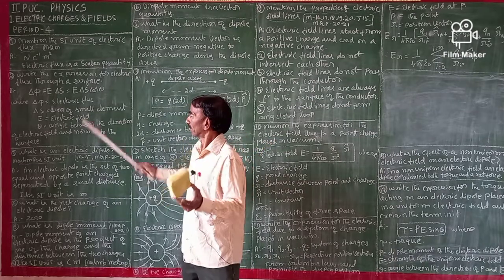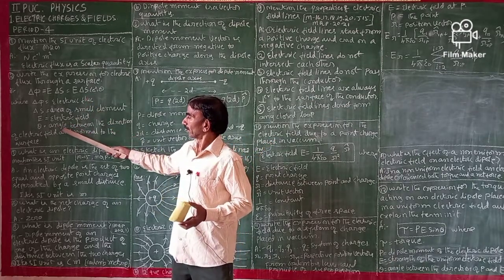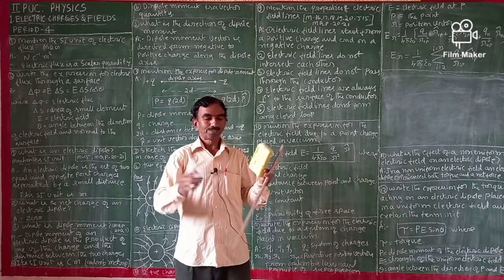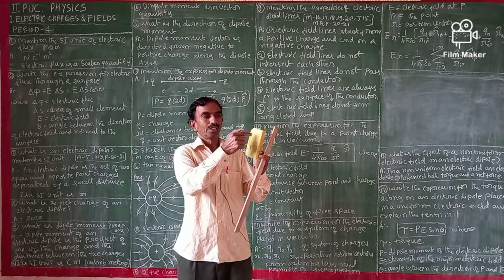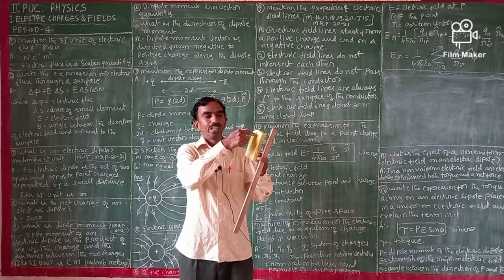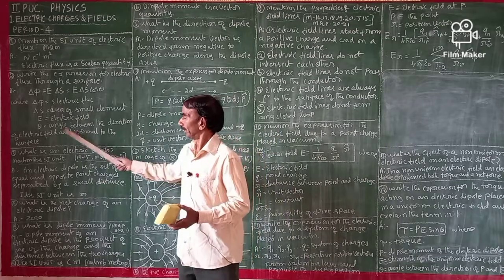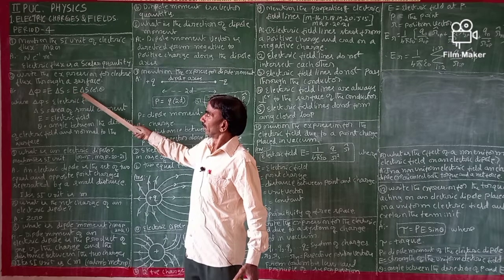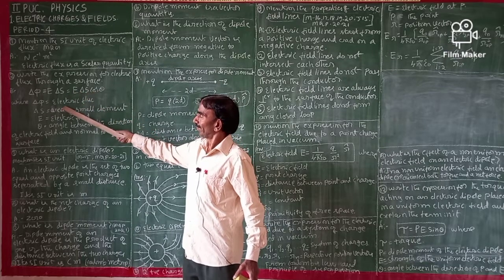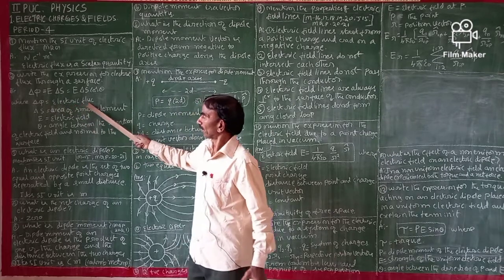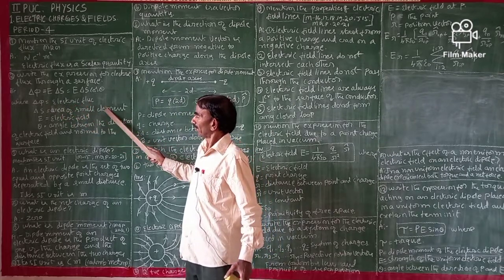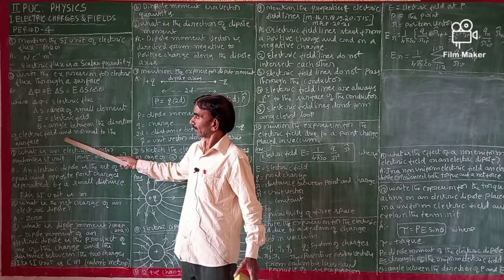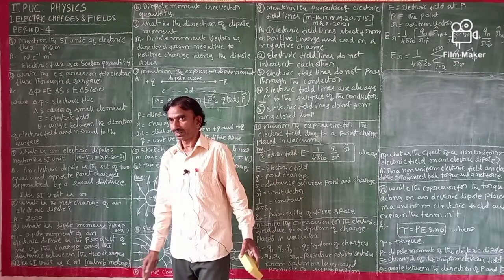Theta is the angle between the direction of the electric field and the normal to the surface. So, delta phi is equal to E delta S cos theta, where delta phi is the electric flux, delta S is the area of a small element, E is the electric field, and theta is the angle between the direction of the electric field and the normal to the surface.